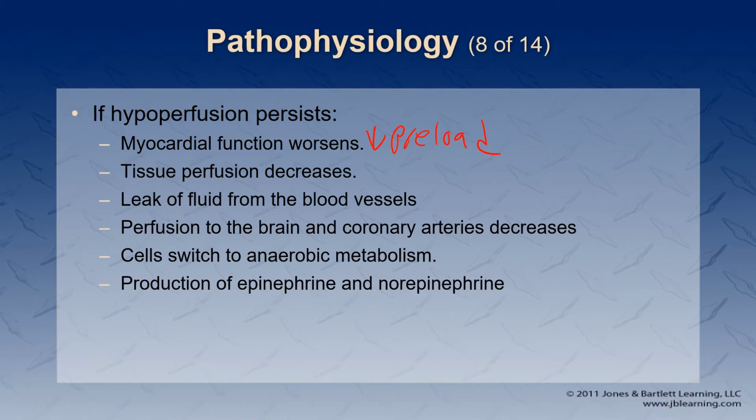So when those start to drop, that's when you start seeing decreased level of consciousness, and when the coronary arteries don't have enough pressure in them, now the heart's not getting oxygen, which is going to drop your pressure even further. And you can kind of see the vicious cycle we've got ourselves in.